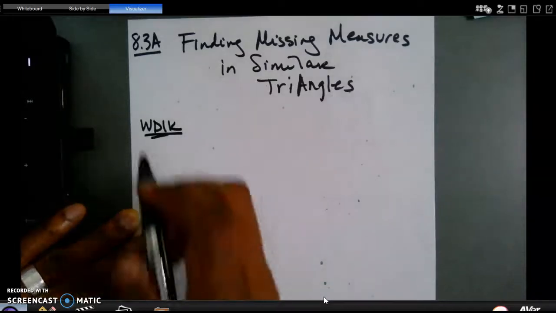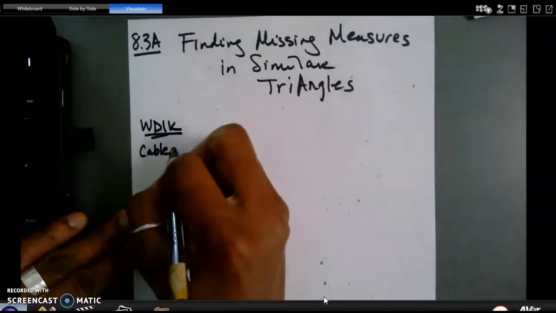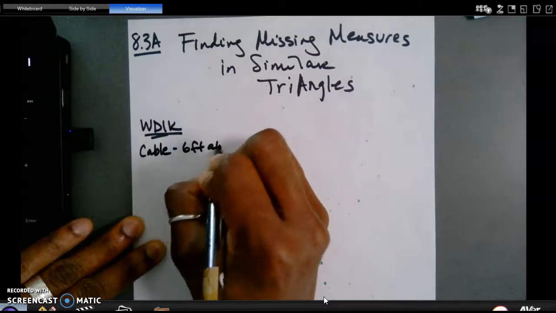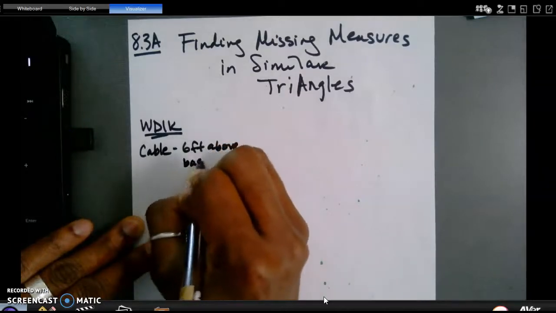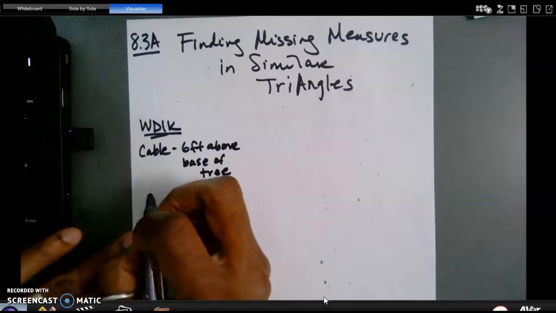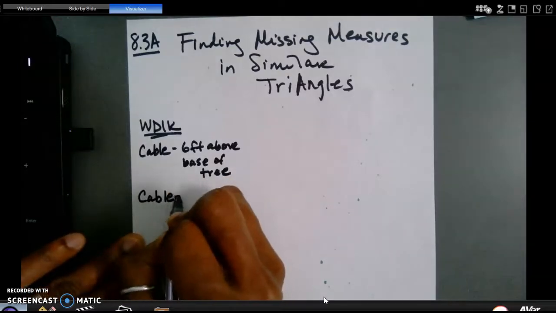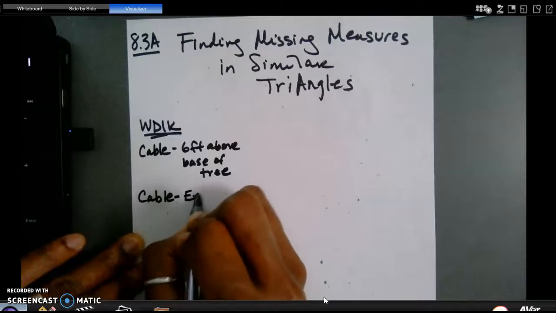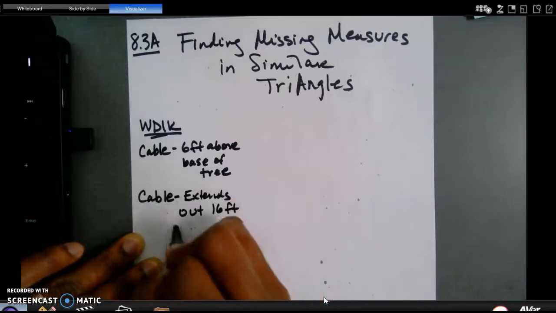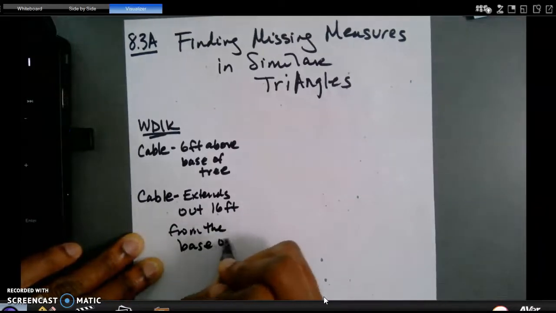It says that a cable attaches 6 feet above the base of the tree, and I also know that that cable extends out 16 feet from the base of the tree.